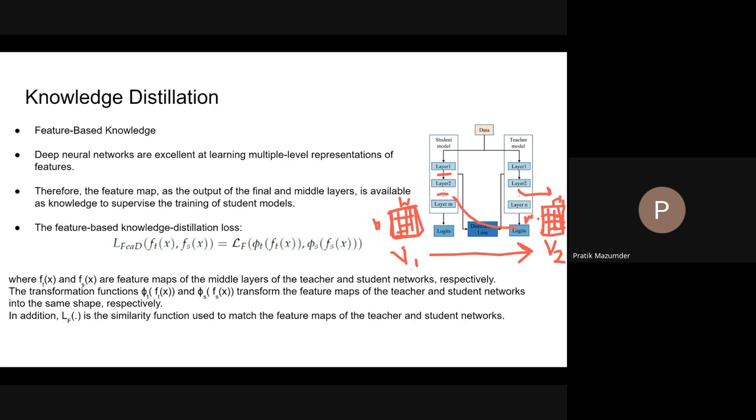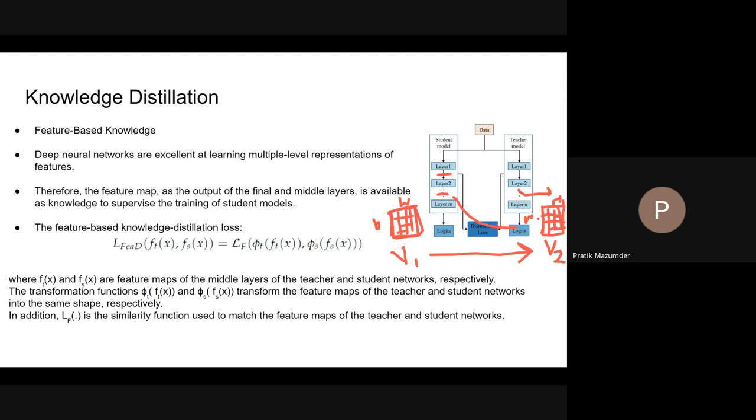Okay. And in a way, what you're trying to achieve is that whatever intermediate features the teacher model was getting in the intermediate layers, you're trying to get similar features at the student model level as well. And obviously they'll not be exactly the same because the sizes itself will also be different. And this is also a valid way of performing knowledge distillation.